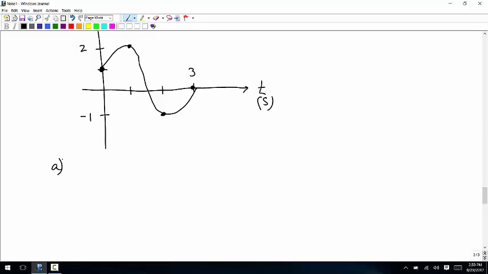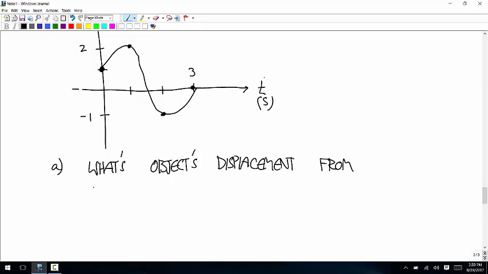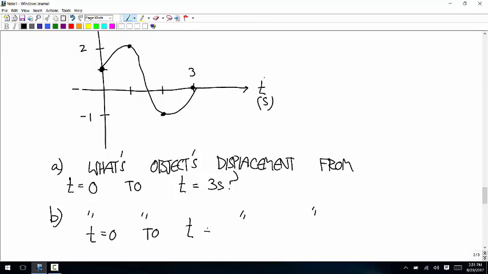And say we want to calculate, first, what's the object's displacement from time equals 0 to time equals 3 seconds. And then second, what's the object's displacement from time equals 0 to time equals 1 second.